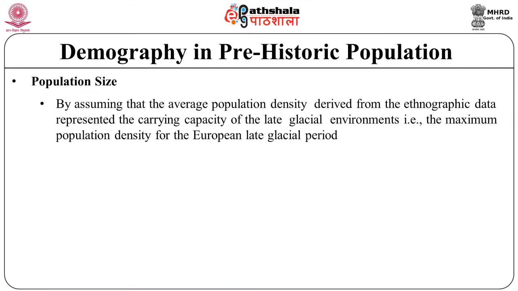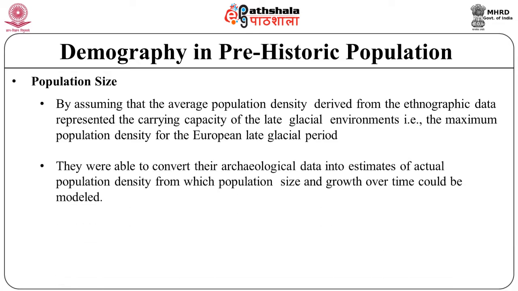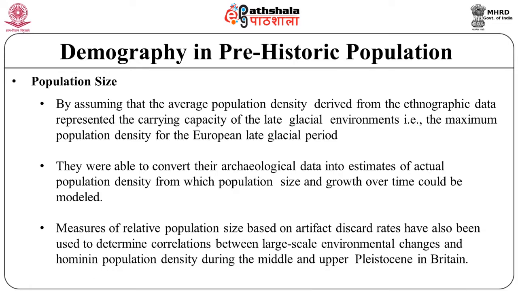By assuming that the average population density derived from the ethnographic data represented the carrying capacity of the late glacial environment, that is the maximum population density for the European late glacial period, they were able to convert their archaeological data into estimates of actual population density from which population size and growth over time could be modeled.